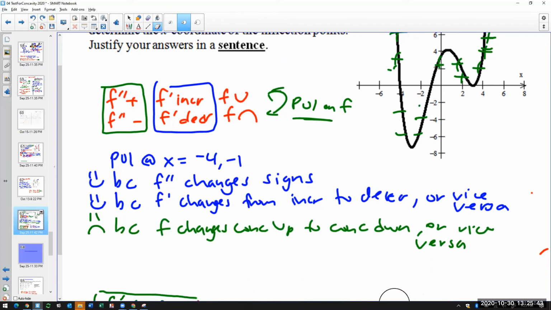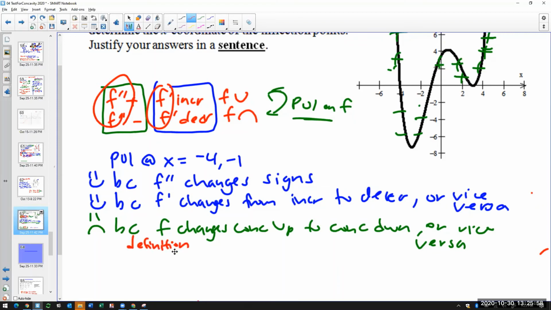Even though it's true, that is what's happening at a POI, you cannot justify with F's. You have to justify with derivatives, okay? And the reason is because this is considered the definition of a POI, not a justification for a POI, okay? So make sure you're careful about that. Even though it's correct, it won't be counted right as a justification, okay? All right, so that's what I wanted to cover with you guys today.